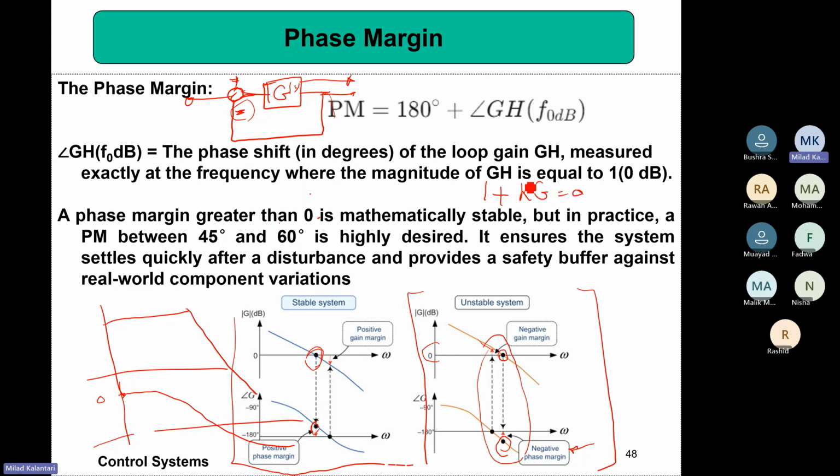If this happens, then the system is supposed to become unstable: when the amplitude of the system is 1 and the phase is 180 degrees. If it is still not reaching 180 degrees, it's okay. We are saying that this is still stable. Okay.